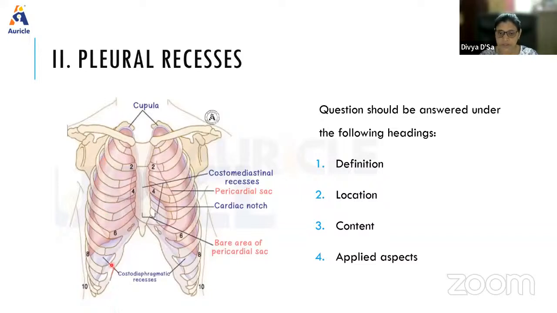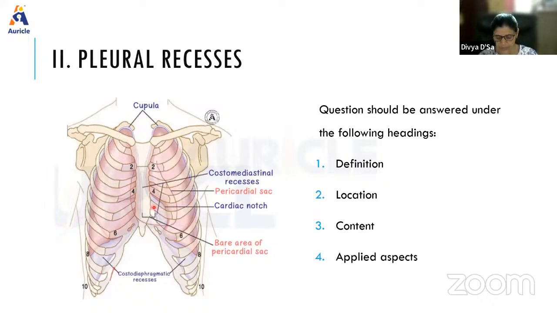So what is the importance of that? What is the applied aspect here? This is the most dependent part. So in any collection, like pleural effusion, the first place to collect will be this pleural recess, that is the costodiaphragmatic recess. Then we have the costomediastinal recess here.